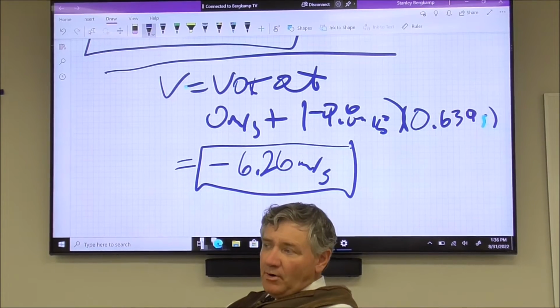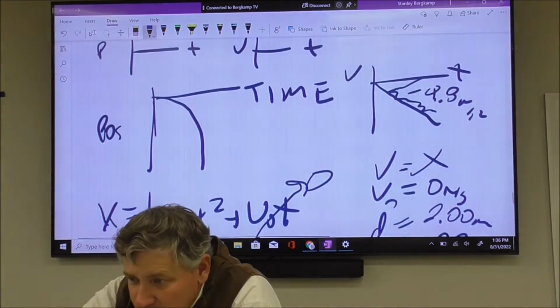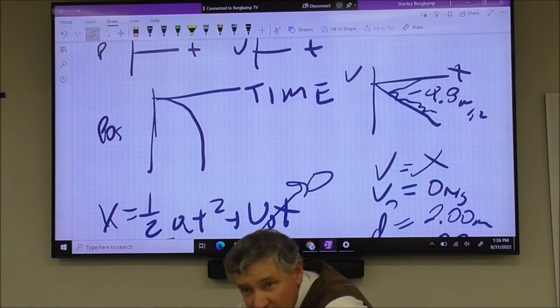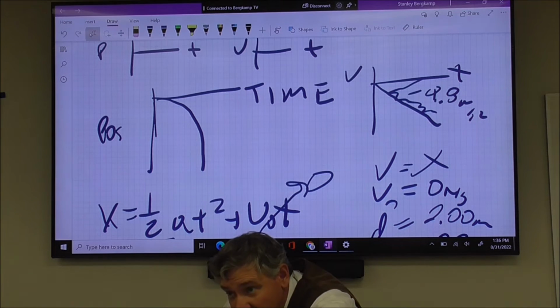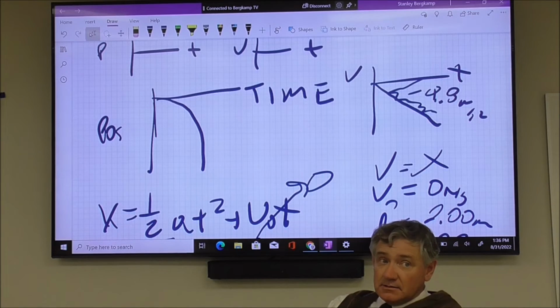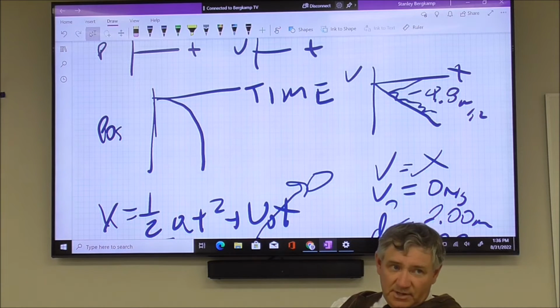So if that ball fell for an entire second, how fast would it be going at the point of impact? Negative 9.8 meters per second, right? Since our time was less than a second, my velocity has to be less than negative 9.8.